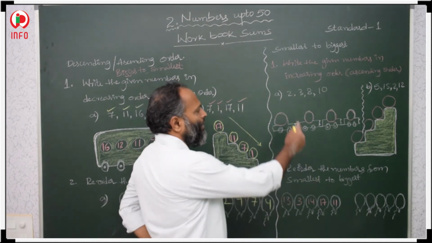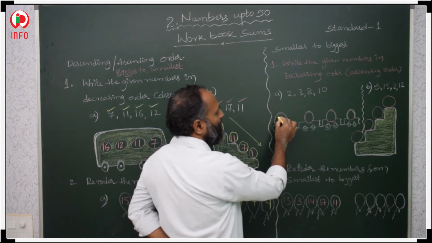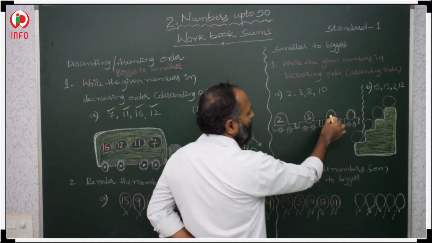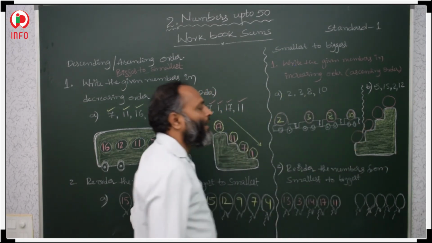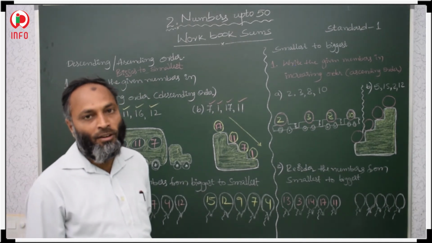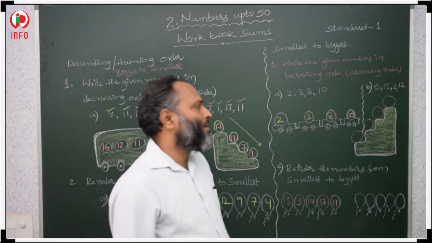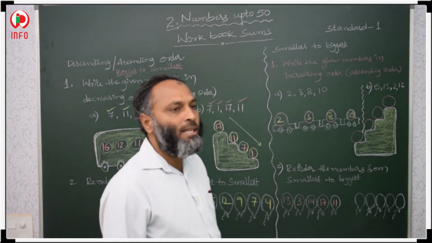Here 2, 3, 8, 10. 2 is the smaller, 3 is a little bit bigger, 8 is a little bit bigger than this, and 10 is a little bit bigger than this. Already in order he gave. Don't be confused if it is already in order. So no problem. Otherwise we have to take according to ascending order.